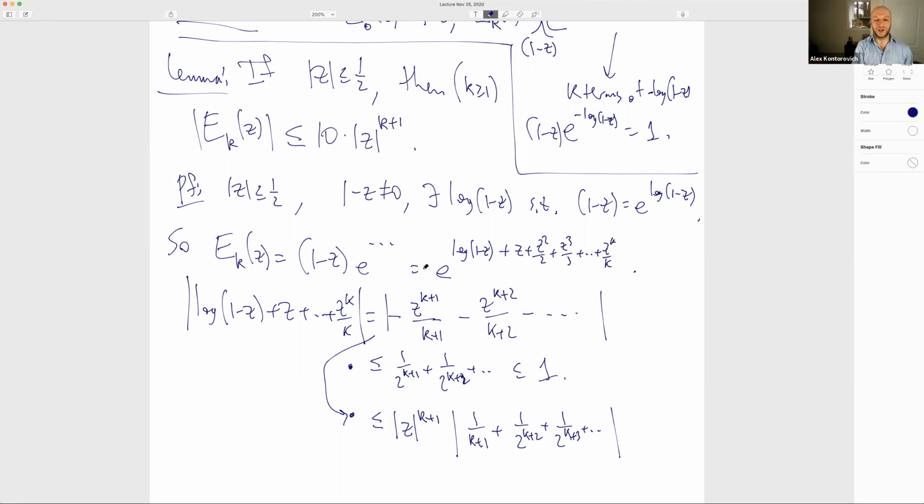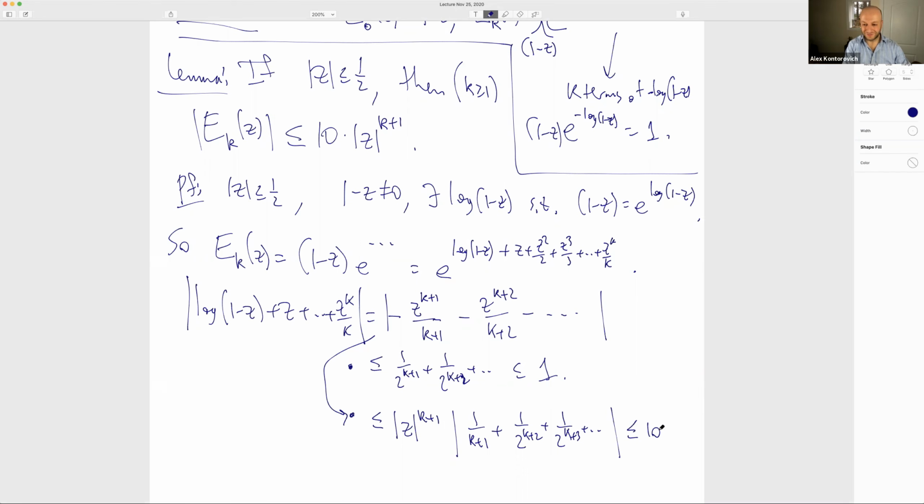So we're not looking at the k equals 0 term, although it's also true for the k equals 0 term, just trivially. So k is at least 1, so k plus 1 is at least a half. And this is a half plus a quarter. So this we can take to be 1. Doesn't matter, take this to be 10. This is less than 10.